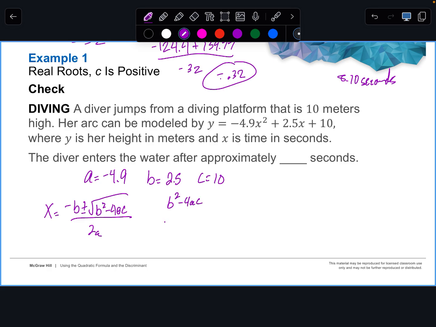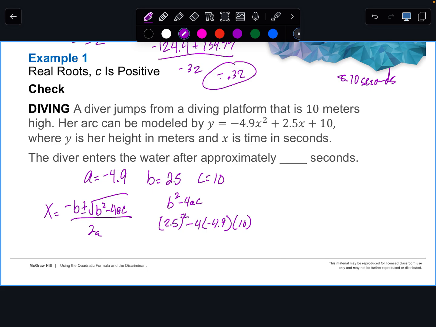So, 2.5 squared minus 4 times negative 4.9 times c, which is 10. So 2.5 squared minus 4 times negative 4.9 times 10.